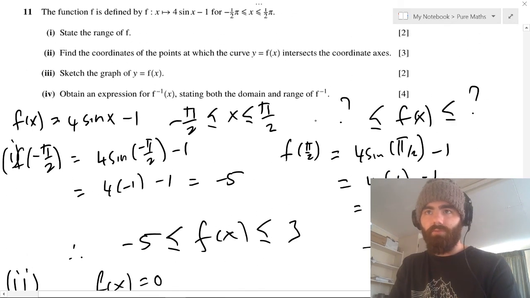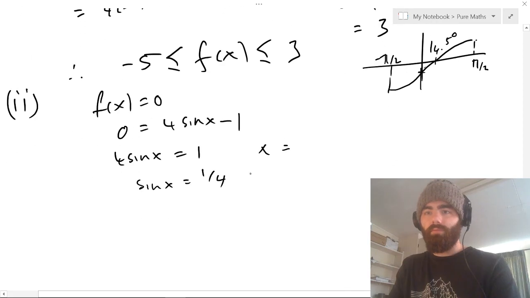Is that what it was? 14.5 degrees? Well, that's 14.5 degrees.